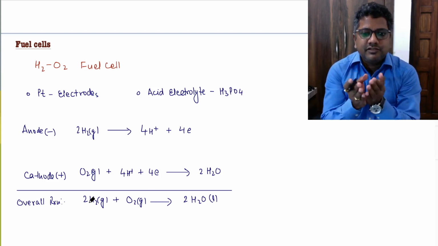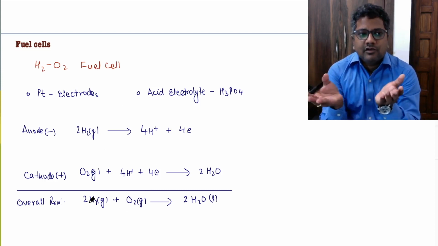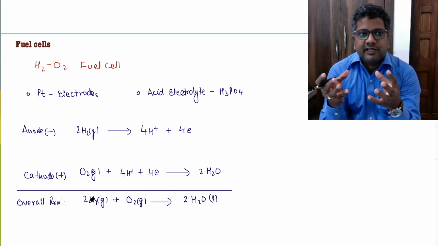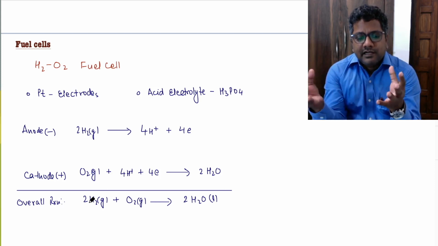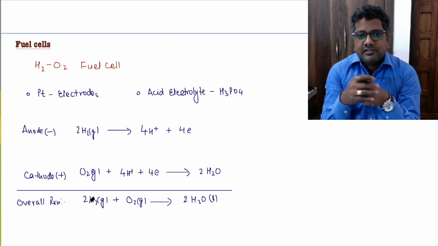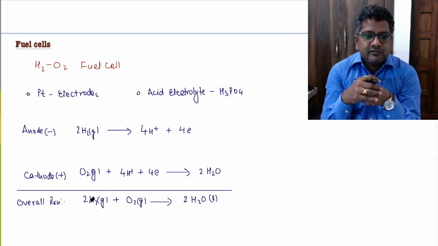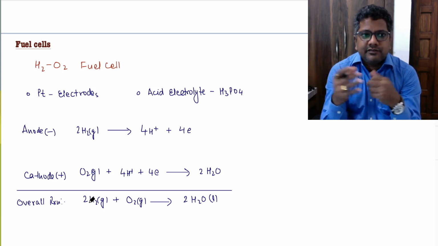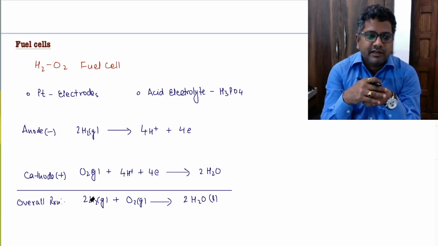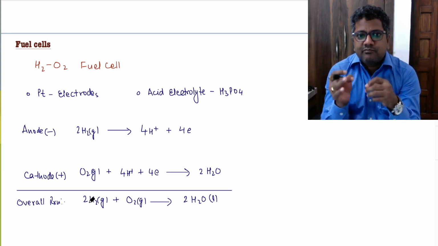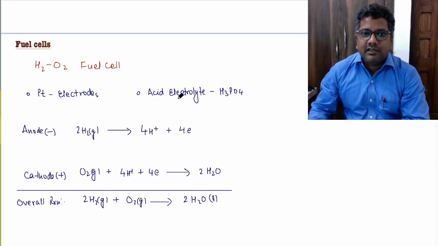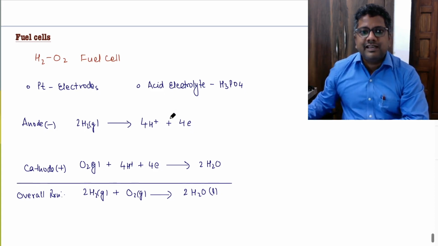We are using hydrogen as one fuel, oxygen is another fuel. On the consumption of hydrogen and oxygen you get H2O liquid, and you can use this H2O because it is a very pure form of water. So this is the simple hydrogen oxygen fuel cell with acidic electrolyte.